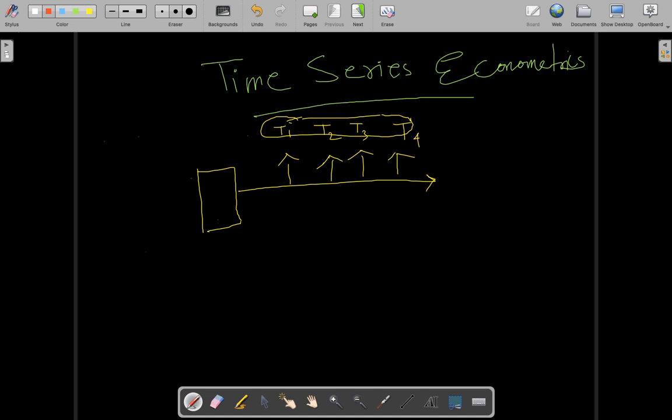Now, time series, as the name would imply, time is very important here, and basically you collect and arrange data sequentially over time. So that's basically a time series, okay? And you will come across this: the data is generated through a stochastic process.